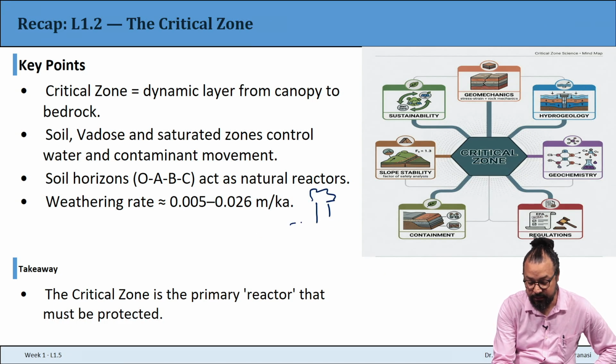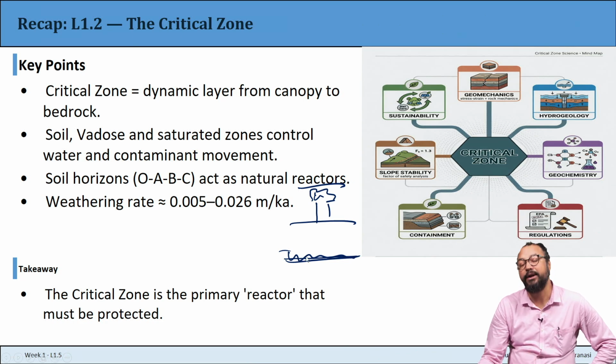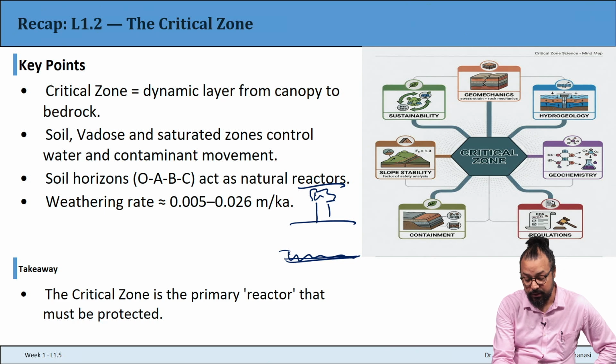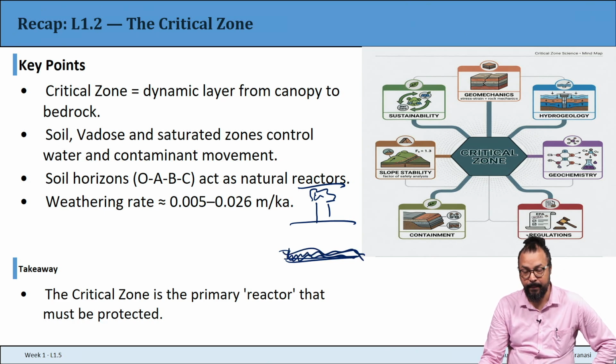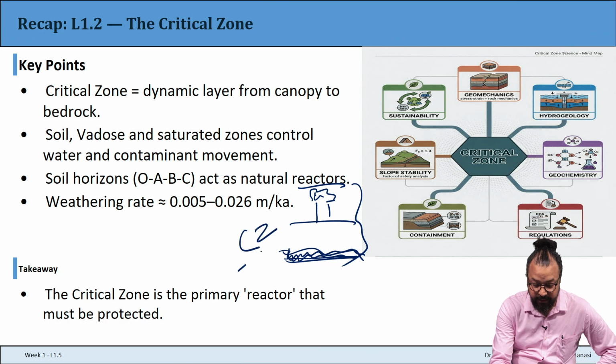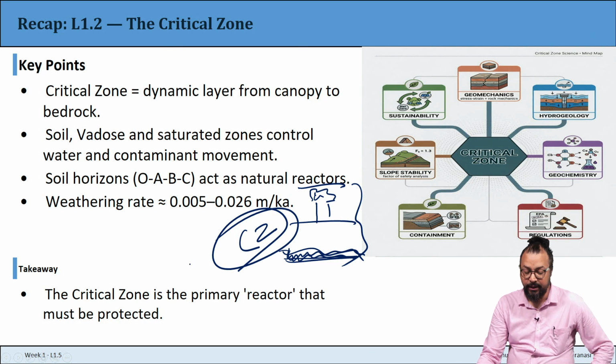If this is your vegetation canopy, from here up to the depth where you have active running water, or to the base of weathered rock material, or above fresh bedrock. This is your critical zone. This is what we need to protect.